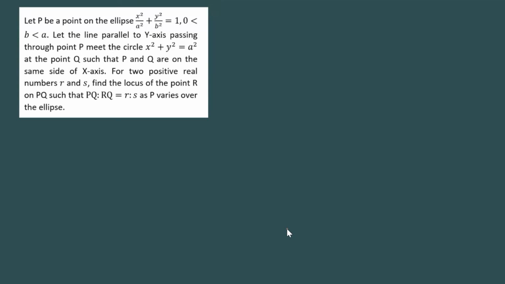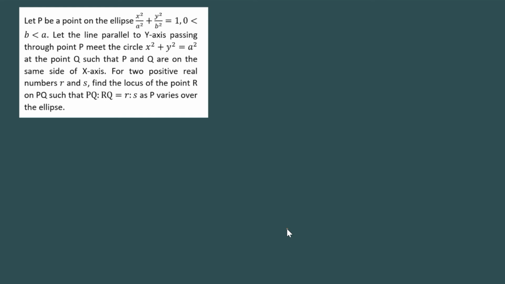Hello. In this problem, the standard equation of the ellipse is given. The length of the major axis is A, minor axis is B, and there's an auxiliary circle given. The auxiliary circle has a radius equal to the length of the semi-major axis.